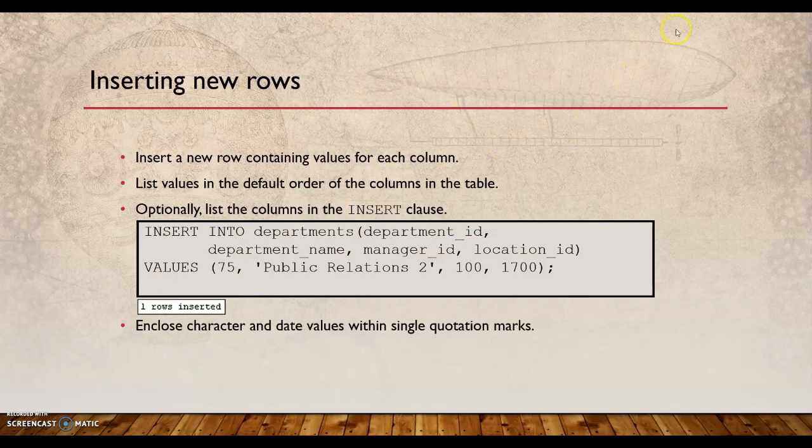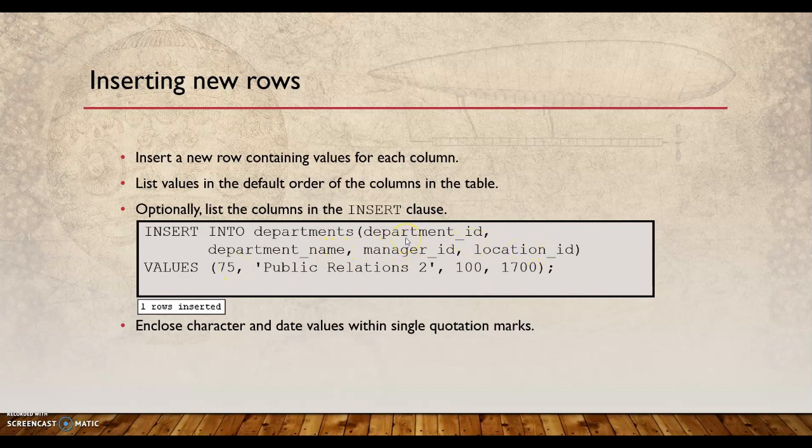So insert into, this is an example, and all of this is in the resources section. You can download and practice. One thing you need to note is the optional list of columns in the insert clause. You may have it or you may not. If you're giving all the column values, you don't need to specify the column names.